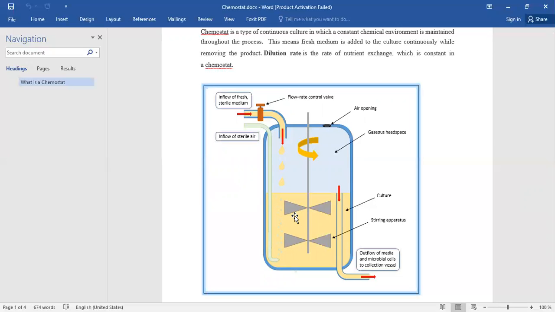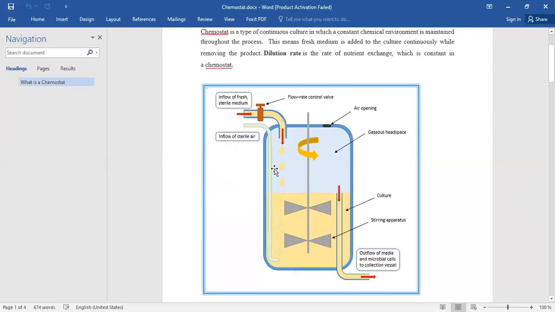This environment, these nutrient media, are regularly added at regular times. Similarly, they are also taken out at regular times.